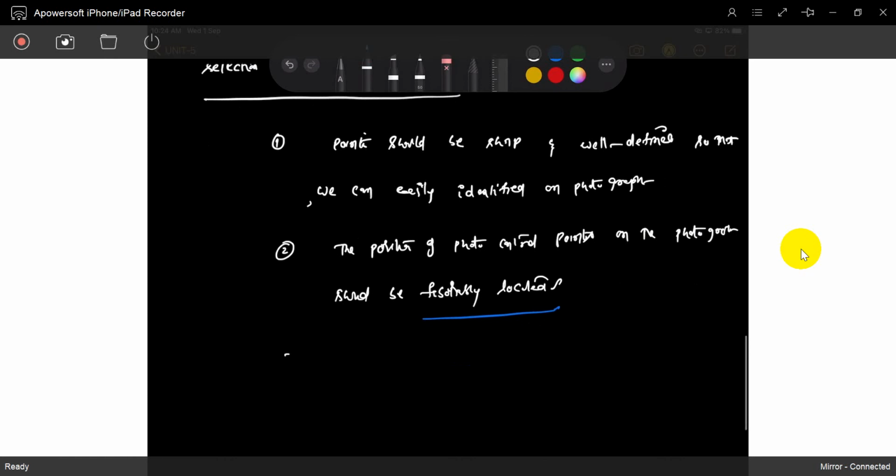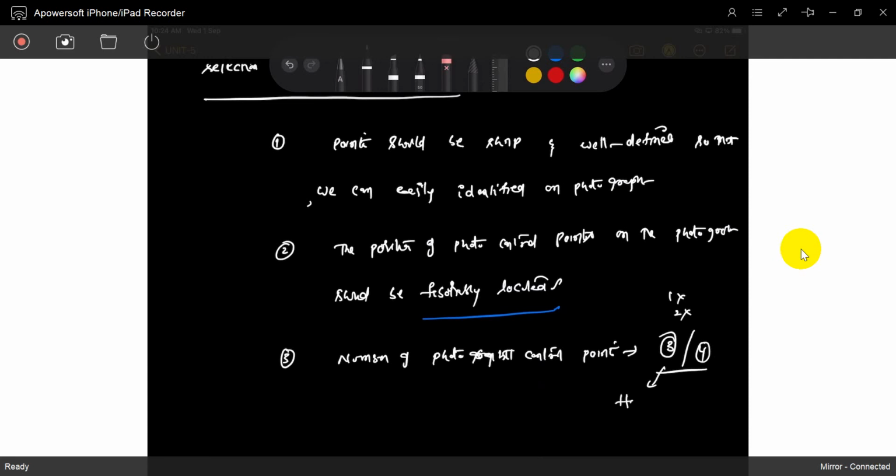And how many photo control points are required? At least 3, maybe 4 is better. Not 1, and 2 is not enough. At least 3 or 4.